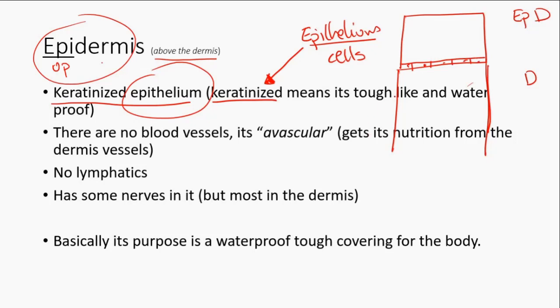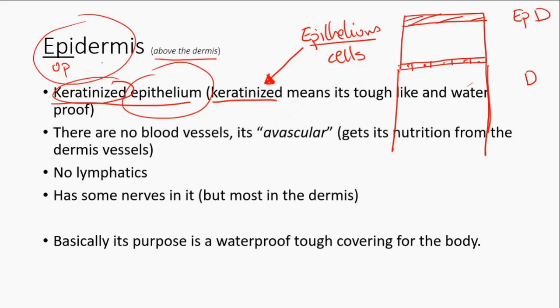So the aim of the epidermis is that on the top layer here, you want to create a load of keratinized epithelium. In other words, you want to create keratinized cells, which are those waterproof, drained out, dry cells, because that's what creates that smooth finish to the skin.